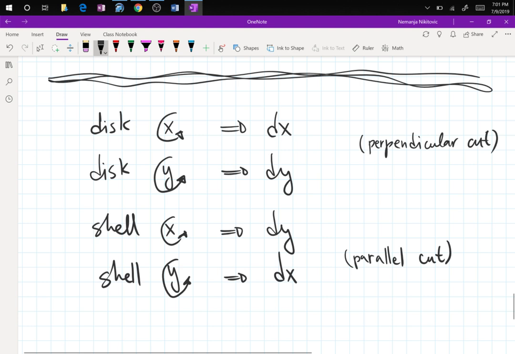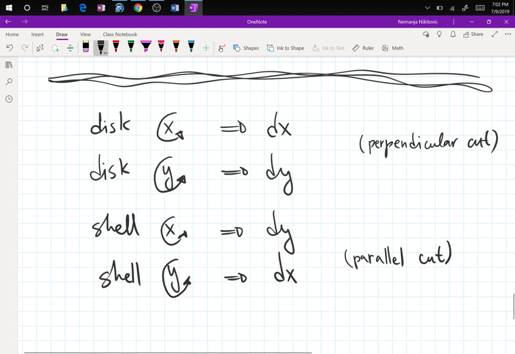So we know that dy is horizontal and the x-axis is horizontal. They are parallel. Remember, the dy is the cut. And then you also have y-axis being vertical, dx being vertical. They're parallel. So that's the parallel cut.